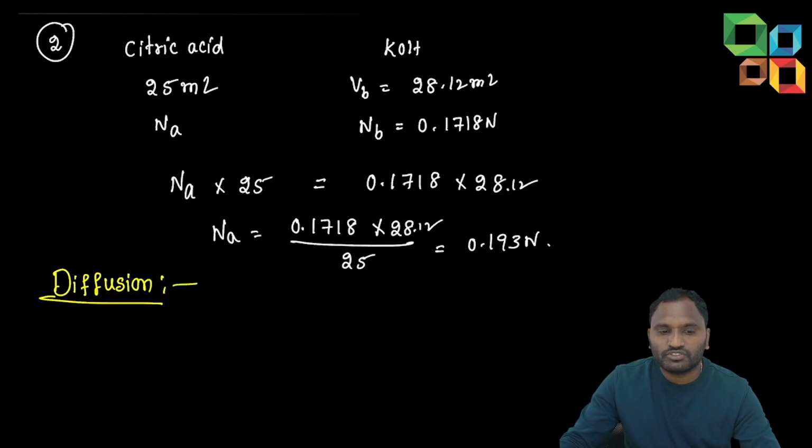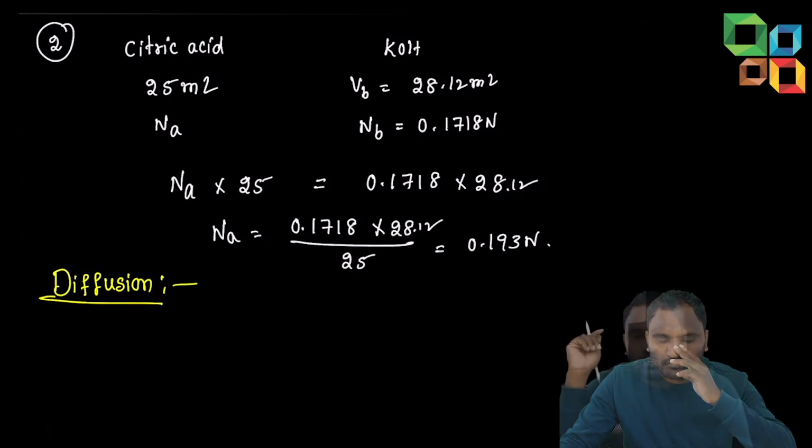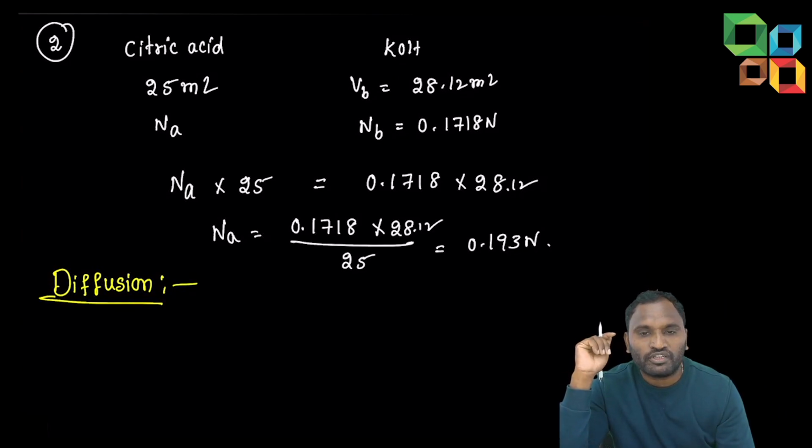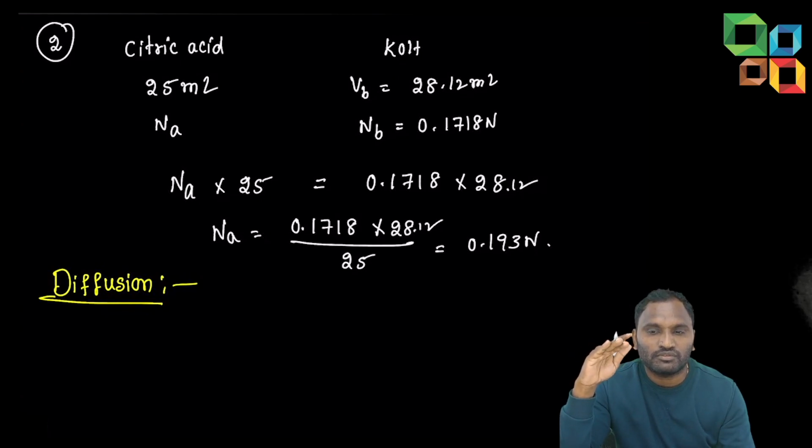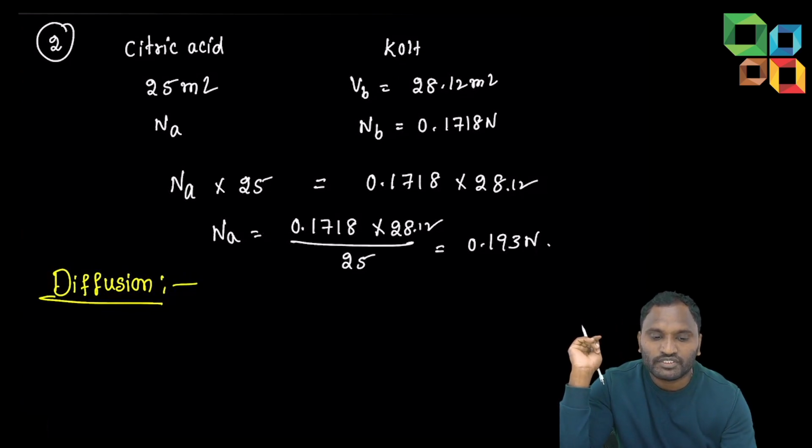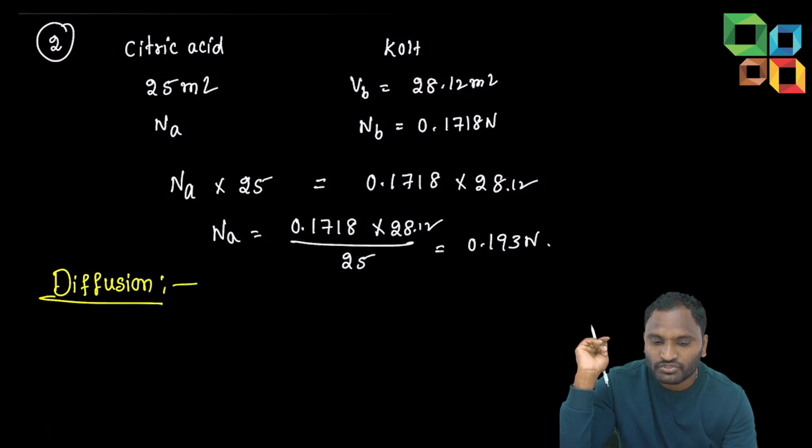What is diffusion, students? Diffusion is the spontaneous movement of a substance from high concentration to low concentration. It is called diffusion.